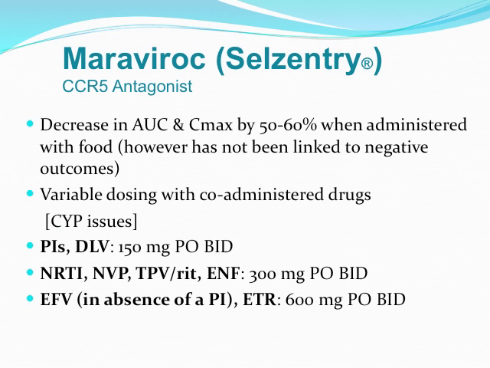However, if you're using it with an NRTI or nevirapine, then the recommendation is 300 BID. And if you're using it in combination with efavirenz, in the absence of a PI, or etravirine, the recommendation is 600 BID. So it's a dosing scale depending on which agent you're using it with.